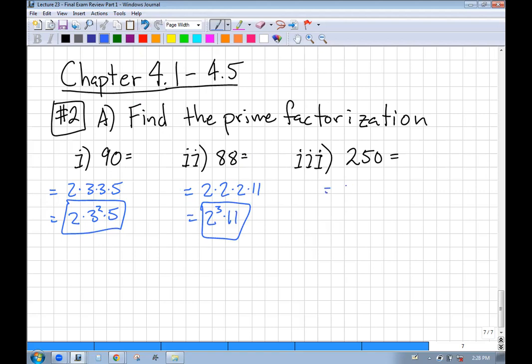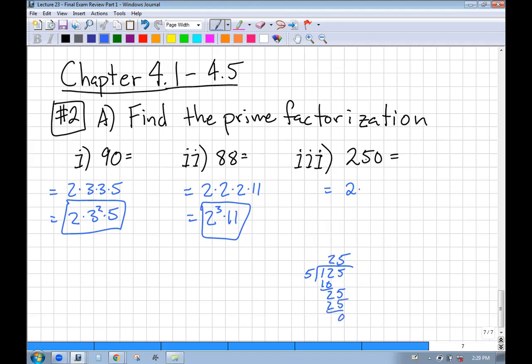250, that's 2 times 125. 125, let's see. How many times does 5 go into 125? Let's see, I got a 2, and bring down a 5, right? And 5. Yeah, 20, so yeah, 25.